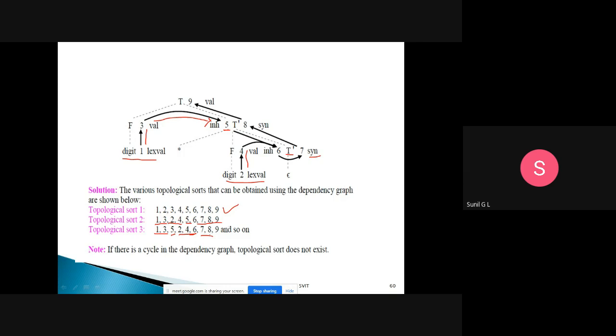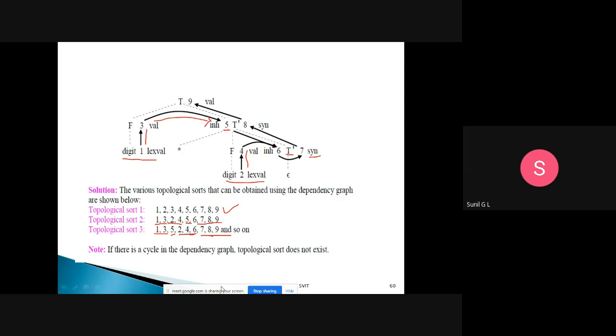Okay, so like that, for any one dependency graph, we may have n number of topological sorts. But if you want the topological sort, then there must be no cycle in the dependency graph.